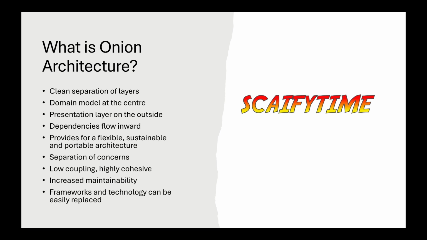To allow for this separation, we rely on interfaces and abstractions between the layers, allowing us to easily write unit and integration tests. That ensures that we have a regression suite of tests that we can run at any point in time, and that'll give us confidence in our code base. Finally, frameworks and technology can easily be changed without impacting the core domain.